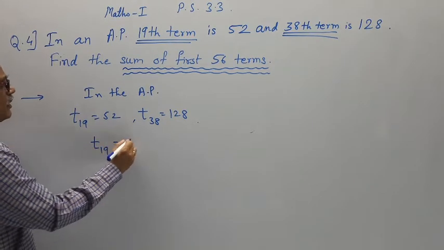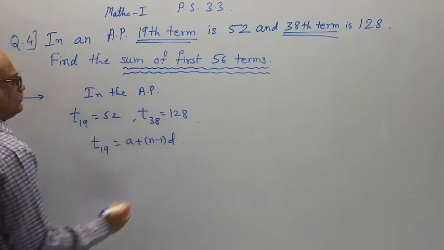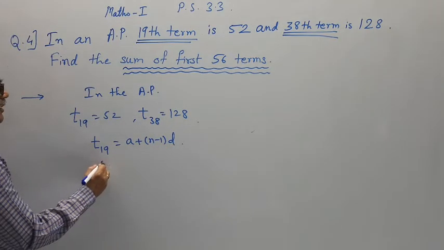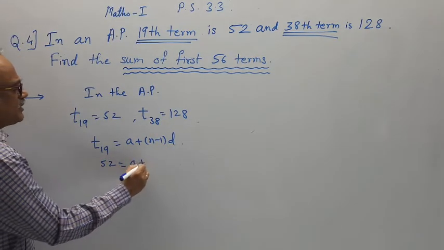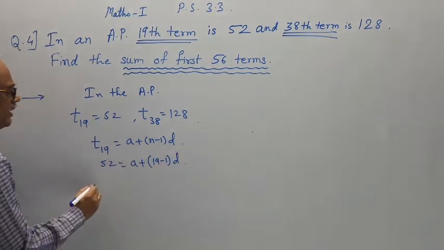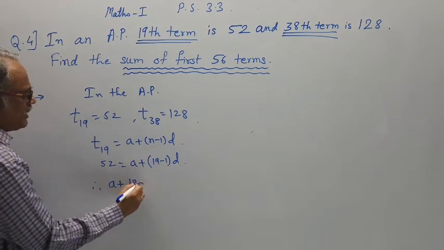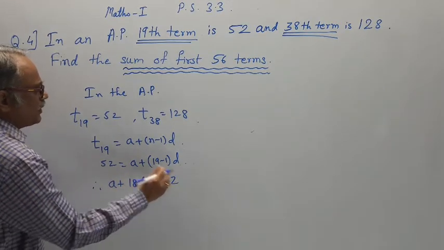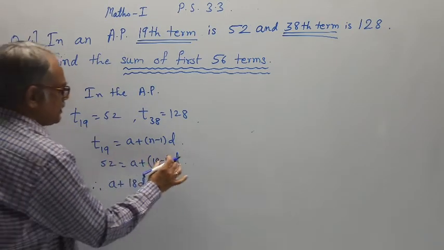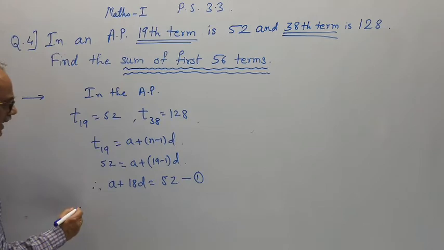Tn equal to A plus n minus 1 into D. Therefore, 52 is equal to A plus 19 minus 1 into D. Therefore, A plus 18D is 52. 52 is A plus 18D. Equation 1.